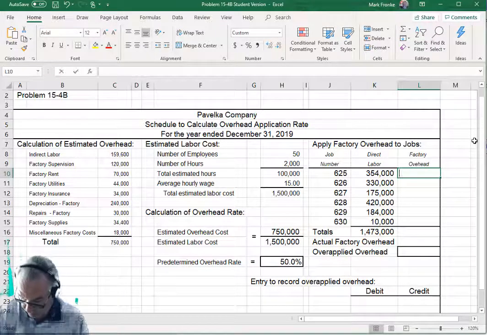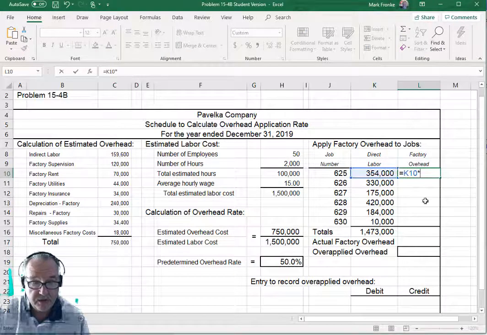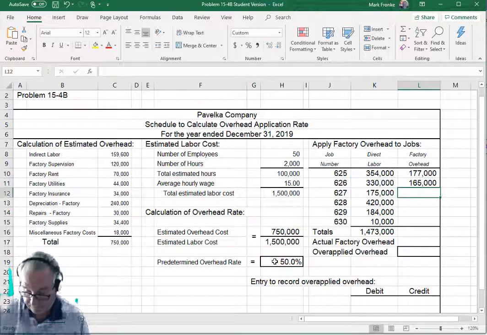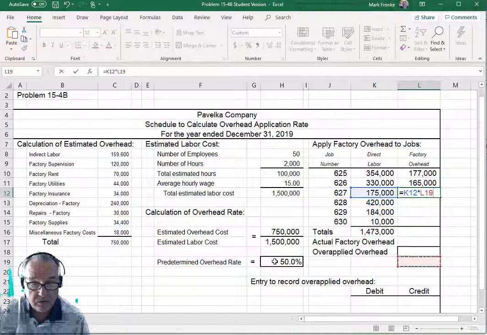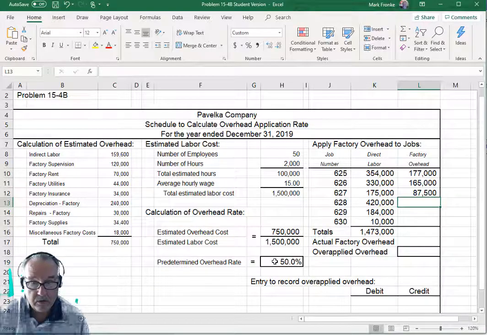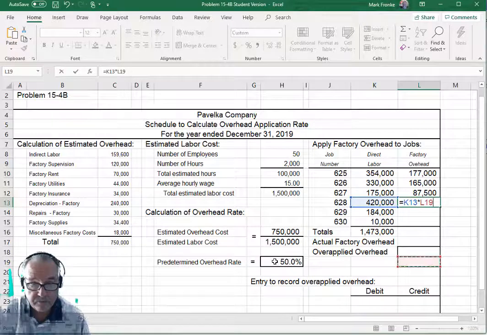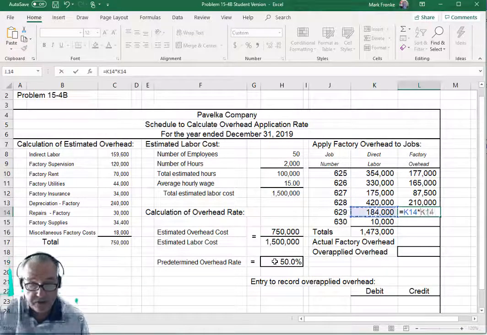So now we're going to multiply the direct labor times the 50% rate on every one of our jobs, to show the amount of overhead that should be applied to each job.